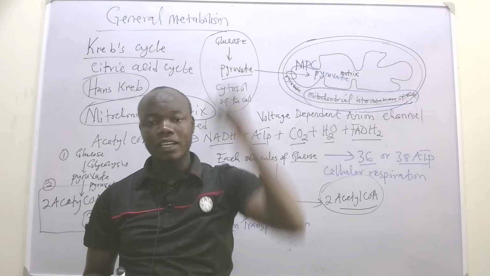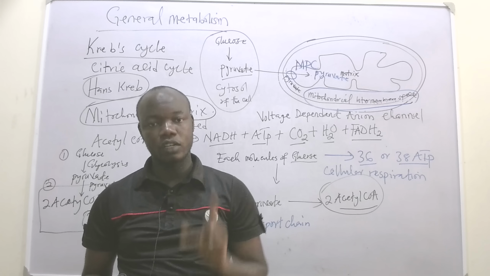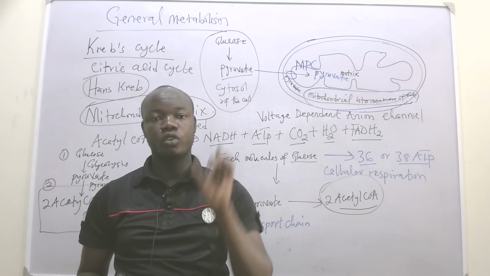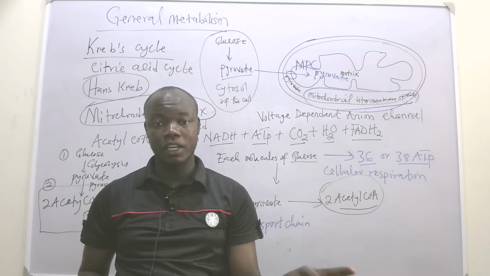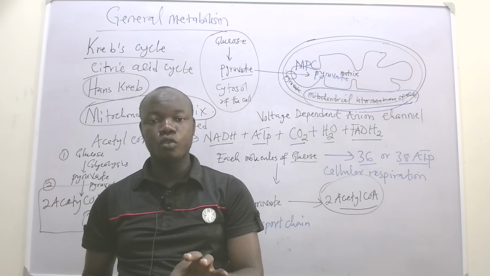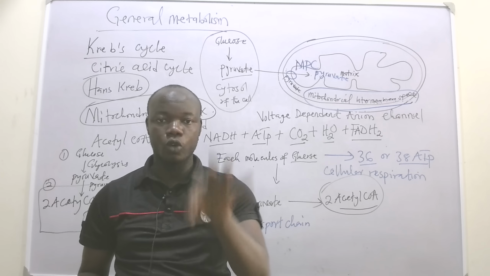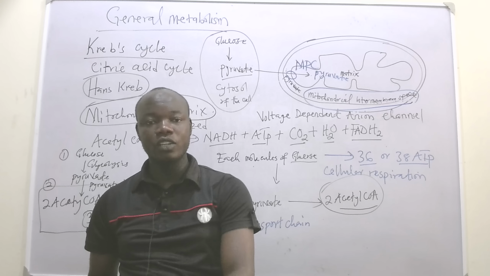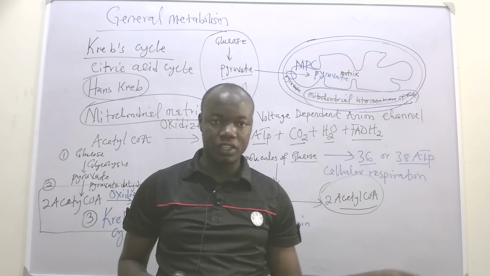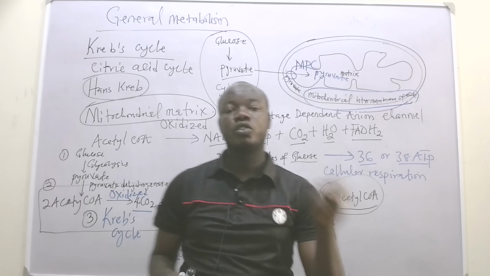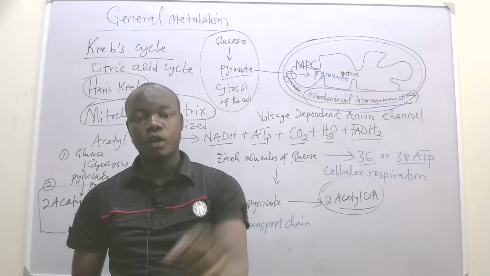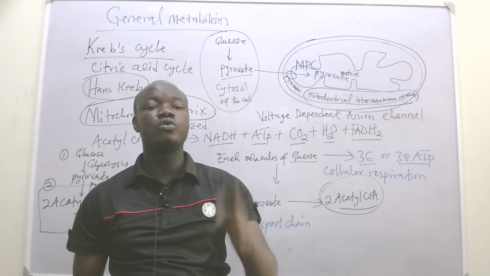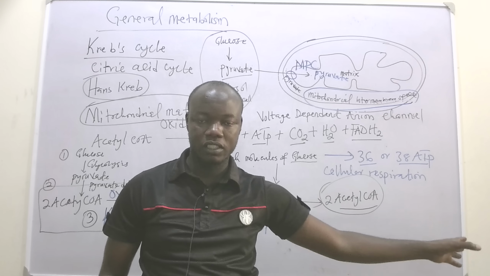First, glycolysis takes place in the cytosol, and the end product of glycolysis is pyruvate. For the Krebs cycle to take place, the pyruvate needs to relocate from the cytosol to the mitochondrial matrix.